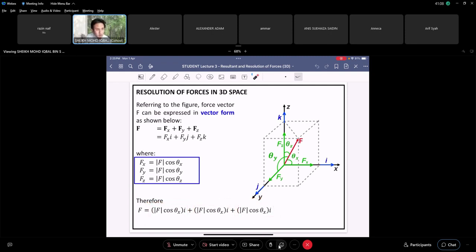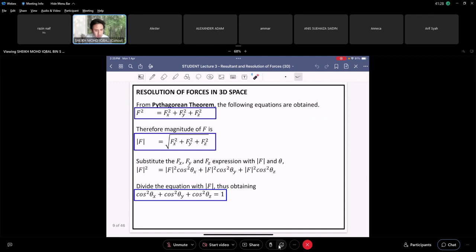Okay, so it's just the same thing. You're basically resolving these forces here, but this time you are dividing it into three forces in the X, Y, and Z, as opposed to only two forces in two directions that we have learned last week. Okay, so these are the formulas that we will be using.